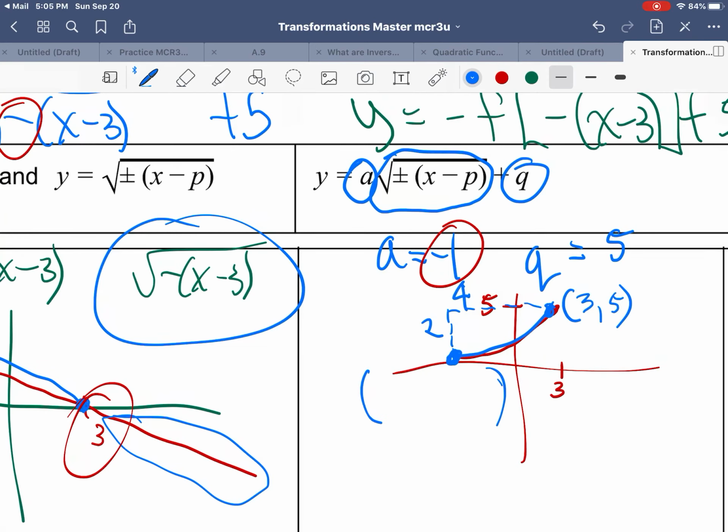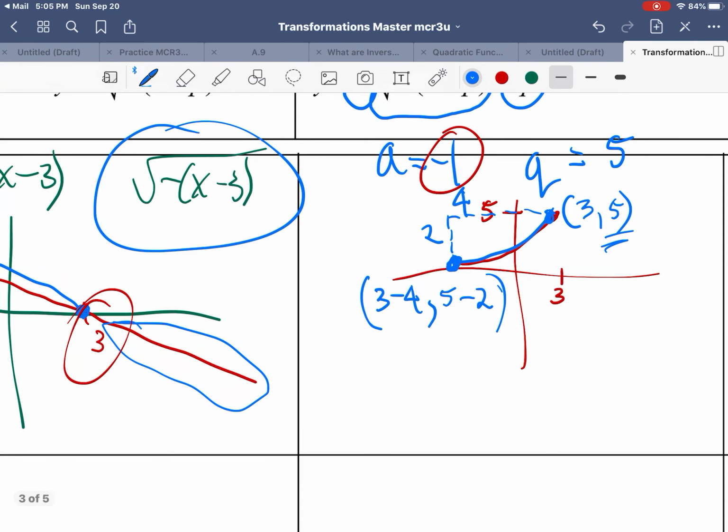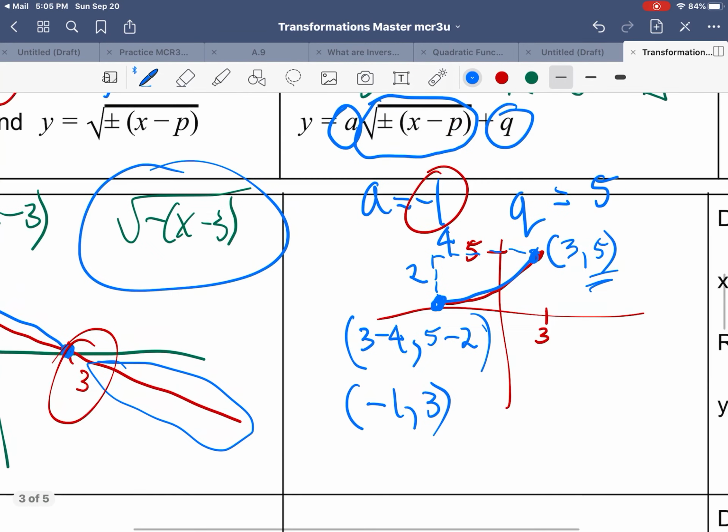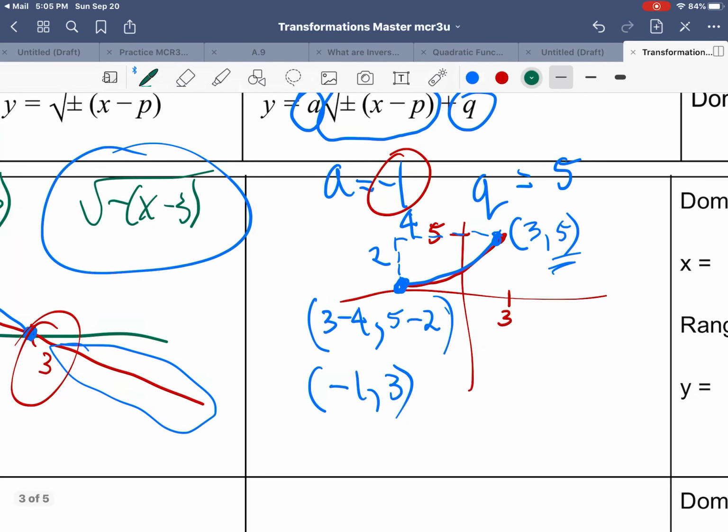Well, the X value is going to be 3, and then I went 4 to the left, so that's -4. And the Y value, here it was 5, and now it'll come down by 2. So what is that second point now? -1, 3. Okay, so those are our two key points, one at the cusp and one 4 units away from the cusp.